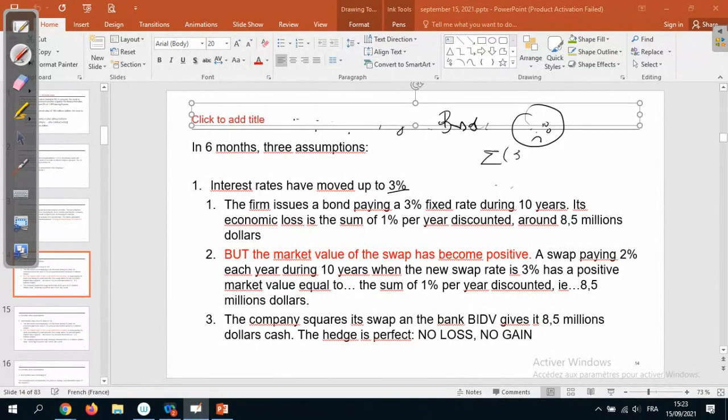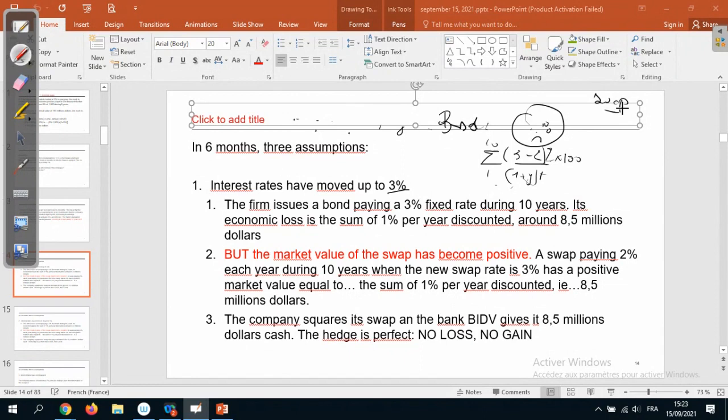3 minus 2%, of I don't know, 100 million or 1 billion, discounted. And you are very, very bad. Oh, but remember the swap.